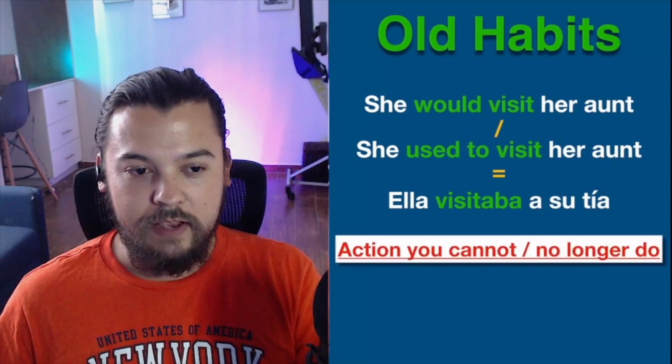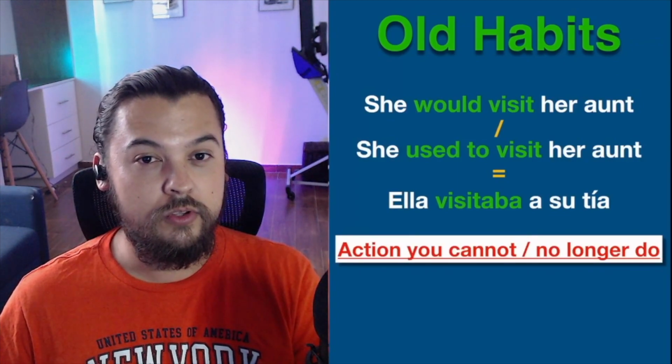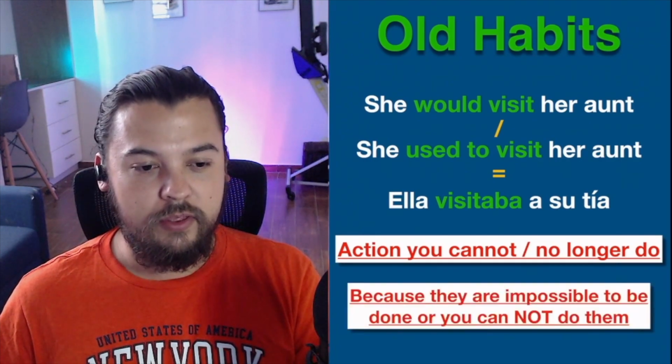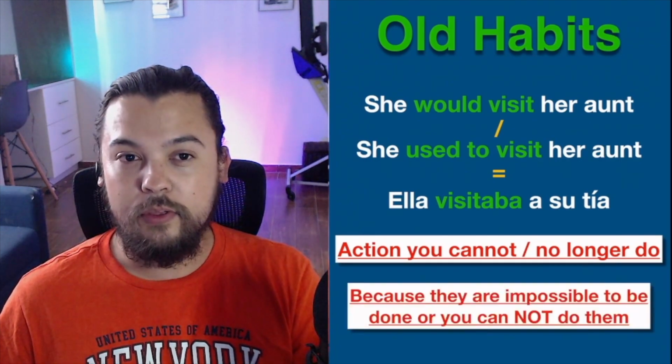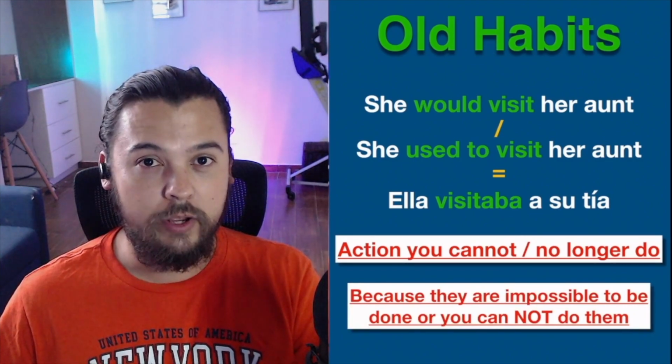So when it comes to old habits, you have to always remember it's an action you no longer do because they are impossible to be done or you cannot do them anymore. There is something that prevents you from doing the action. Let's see. Ella visitaba a su tía. She used to visit her aunt.